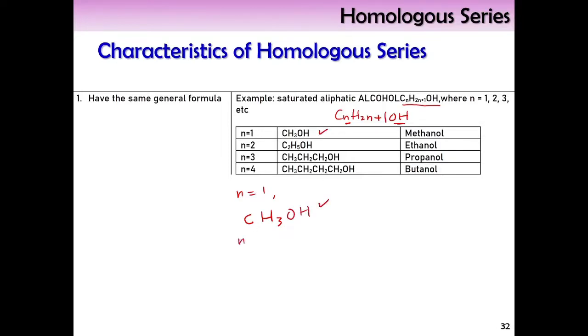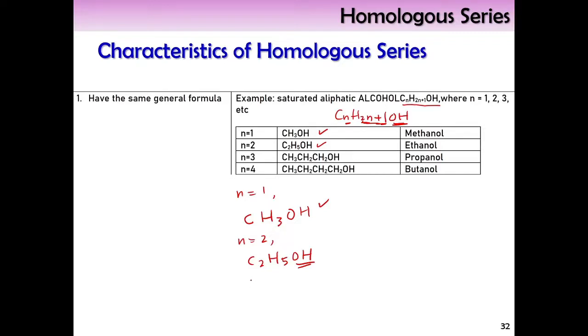What about when n equals 2? C2, H is 2n plus 1: 2 times 2 is 4, 4 plus 1 is 5. So C2H5OH. At the end there you put OH. So this one is correct. Actually, this is a combined structure.